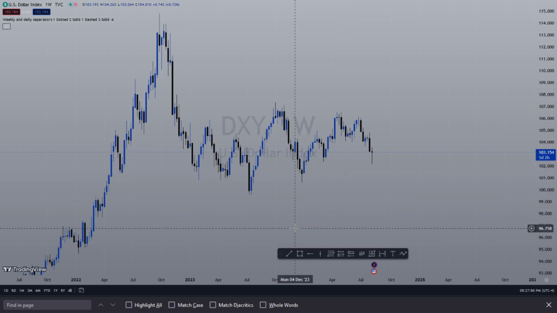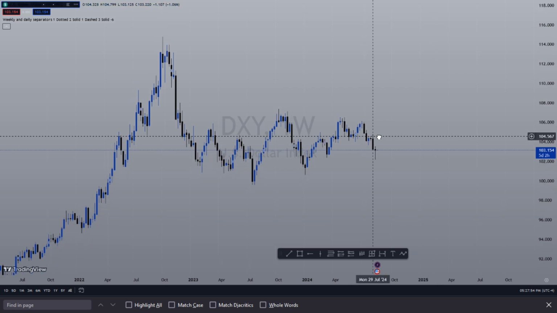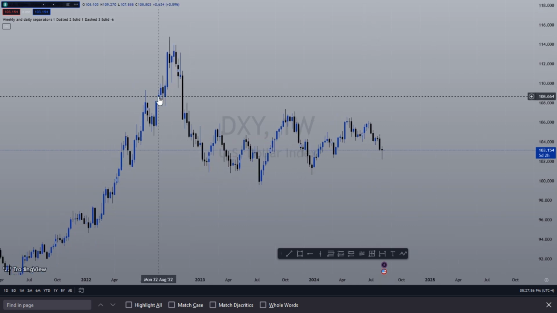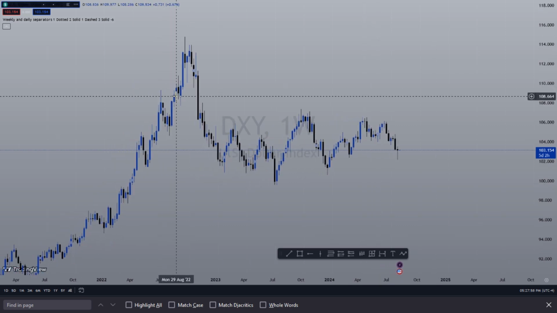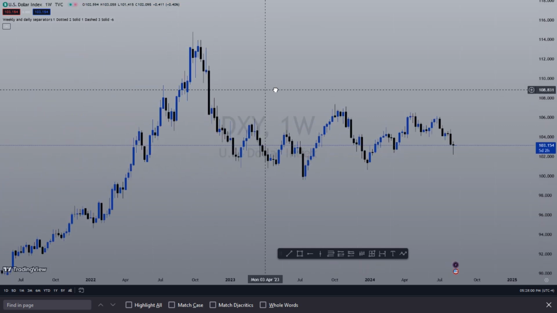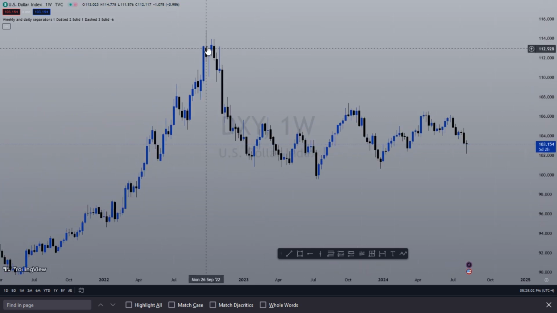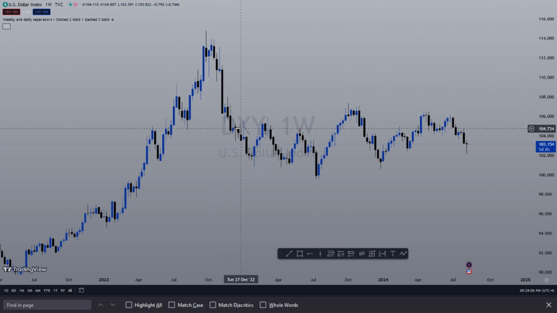So literally, this is the dollar, and from the month of September 2022 we had a rally down on the dollar. This rally down, of course, we had some lows that were cleared.